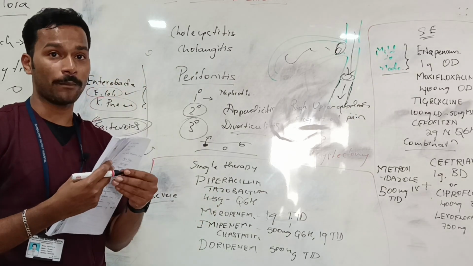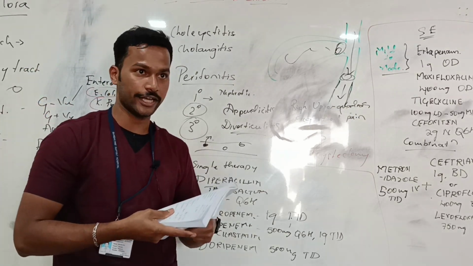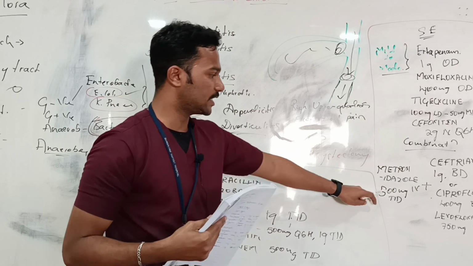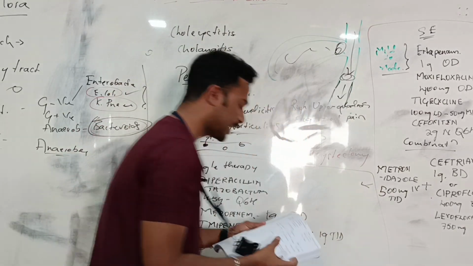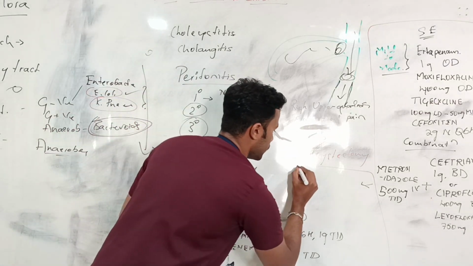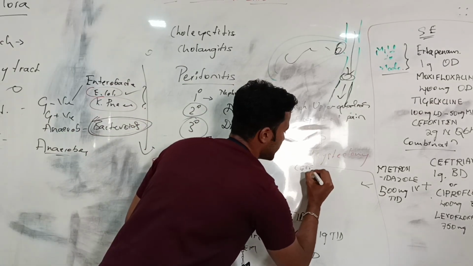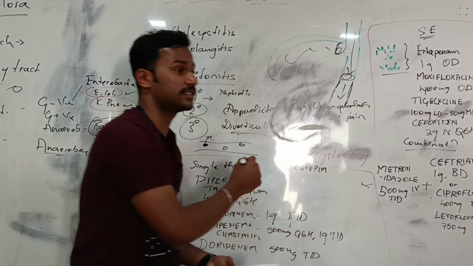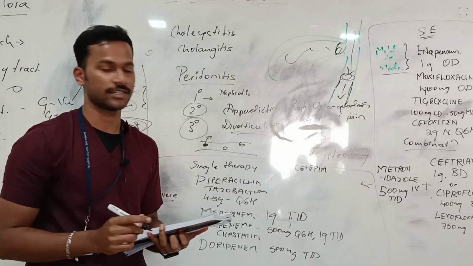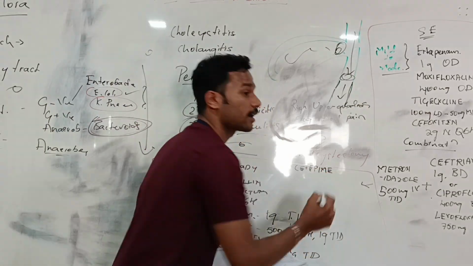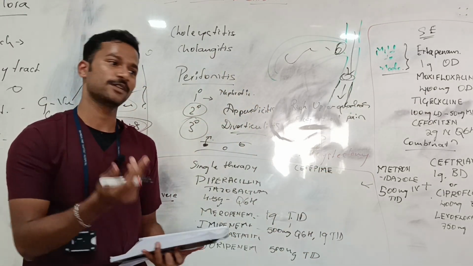In case of combination, again it is metronidazole 500 mg TID. Along with this, we can use cefepime. Which generation is this? Second generation, fourth generation. So it has coverage for Pseudomonas aeruginosa.